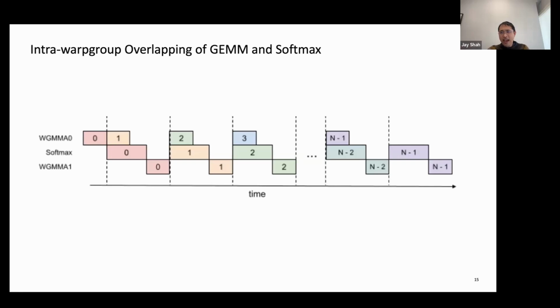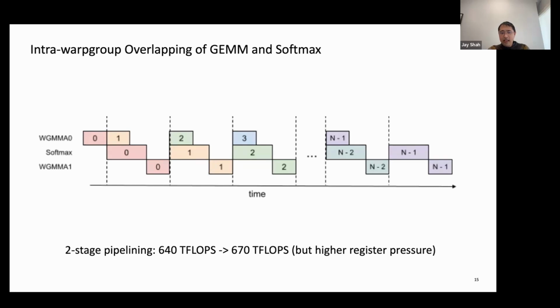That's fairly simple to implement, but within a warp group, you can also overlap softmax and WGMMA in the sense of this picture. We'll look at the code later on to understand how to implement this exactly.